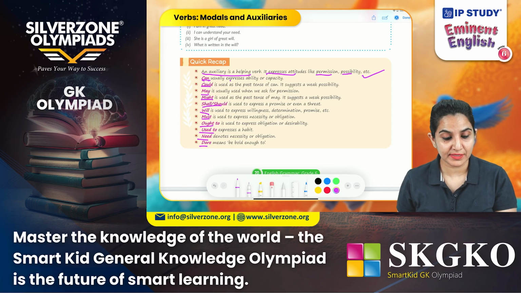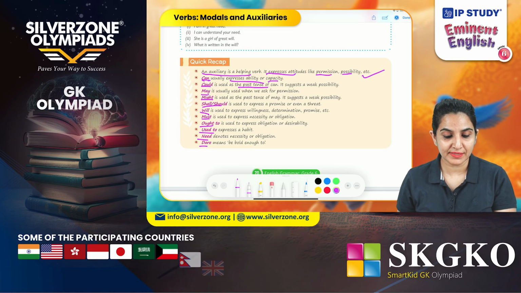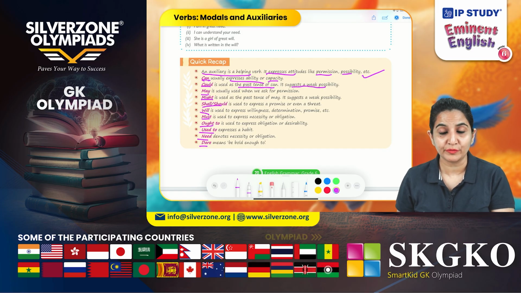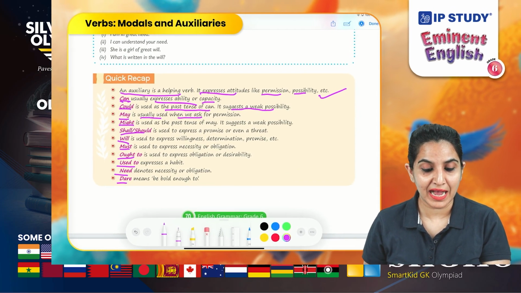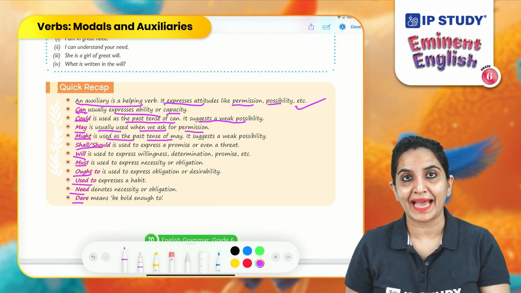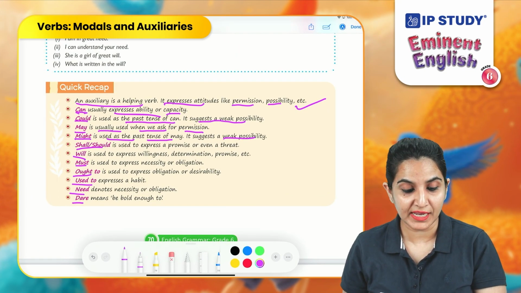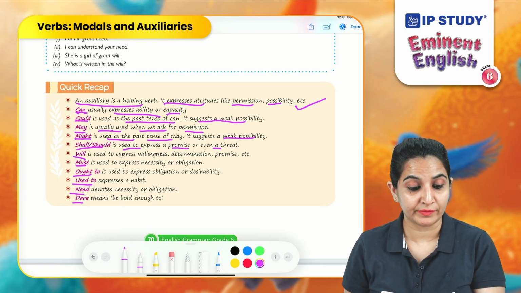Can expresses ability or capacity. Could is used as the past tense of can. It suggests a weak possibility. May is usually used when we ask for permission. Might is used as the past tense of may and it suggests a weak possibility. Shall, should is used to express a promise or even a threat.